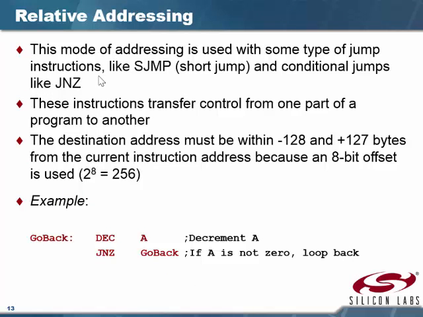Relative addressing, you really don't get too much into detail there, other than the fact that you have an instruction called a short jump or conditional jumps. You're limited to jumping either 127 bytes ahead or 128 bytes behind. What I typically tell people is you start off using the short jump, and if the compiler comes back and says it's too far, then you change it to an absolute jump.